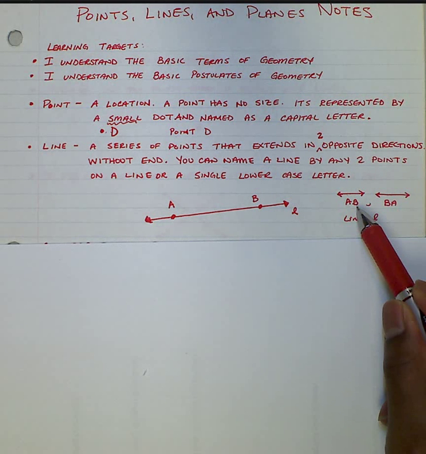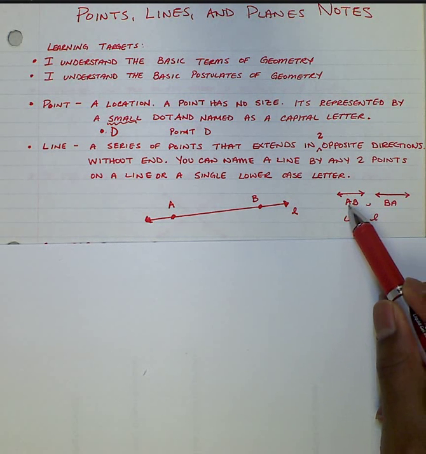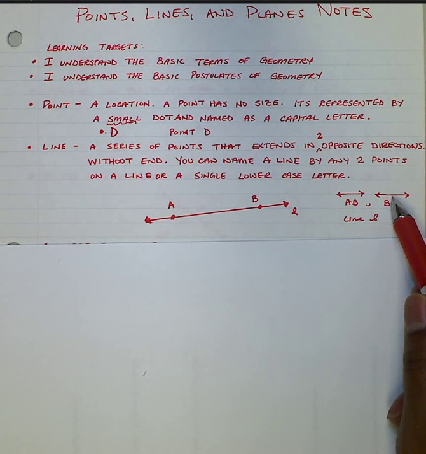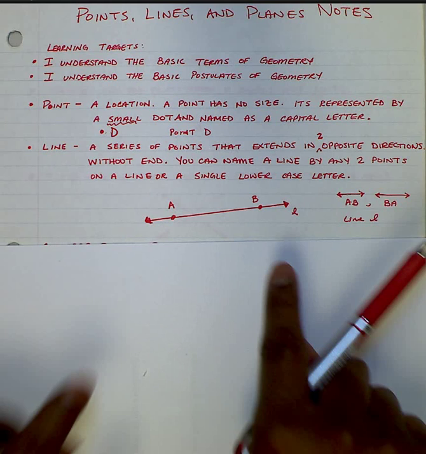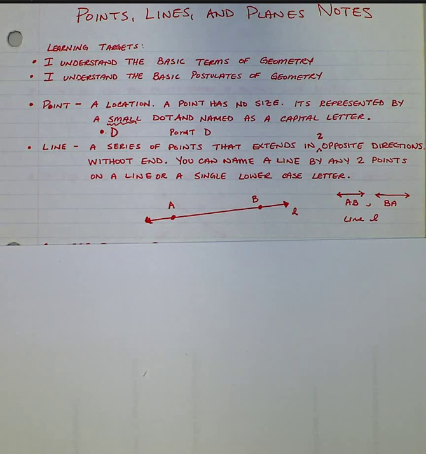Again, we can use the points that are on the line: line AB, line BA. It doesn't matter which direction it goes because it extends forever in both directions. A line only extends in two directions. It has no thickness, and it continues on forever.